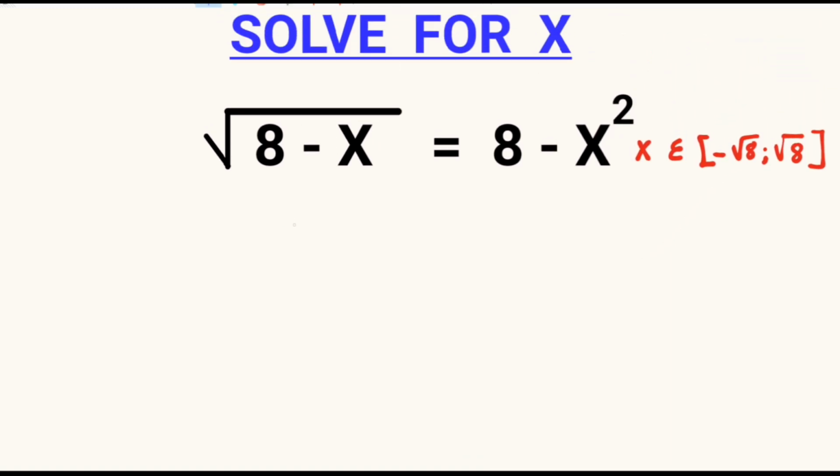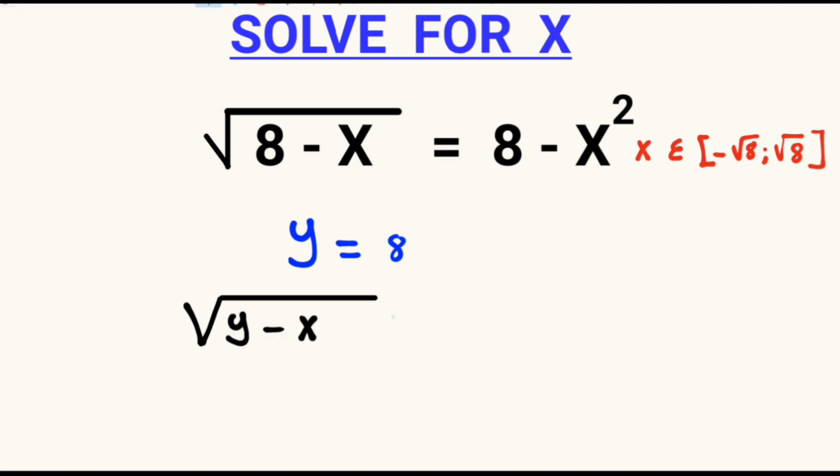We introduce a parameter y, which will be equal to 8, and our new equation in the form of y will have y minus x, which will be equal to y minus x squared.